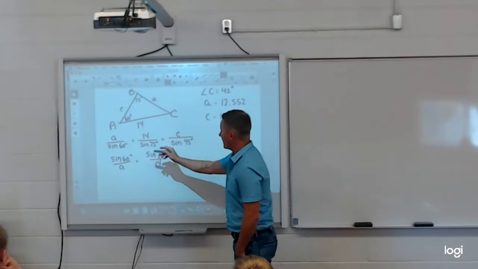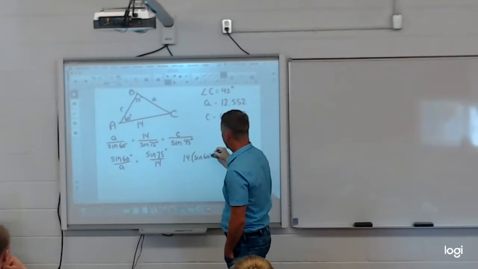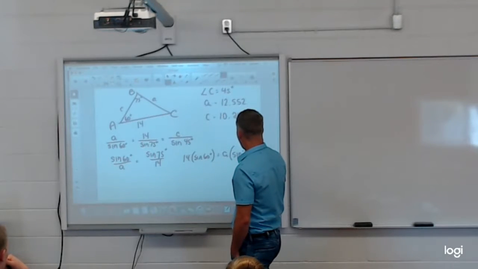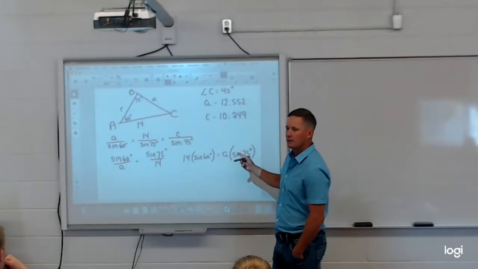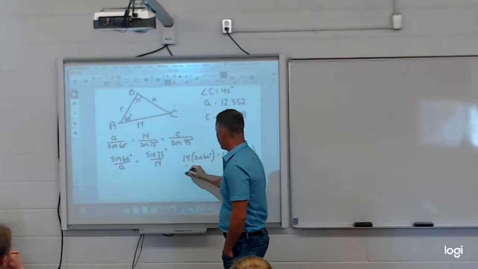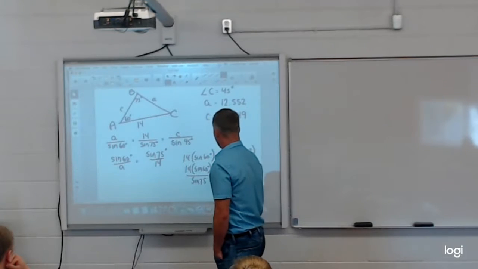So I have to take 14 up, times it by sine 60. I have to take A up and times it by sine 75. Then how do I get A by itself? I have to divide this over to this side. So now I've got 14 sine 60 divided by sine 75 equals A.